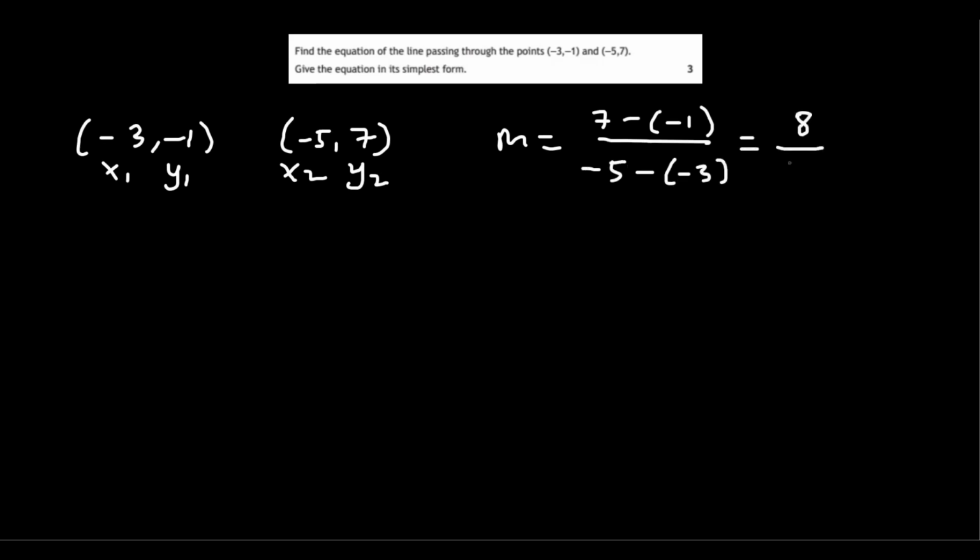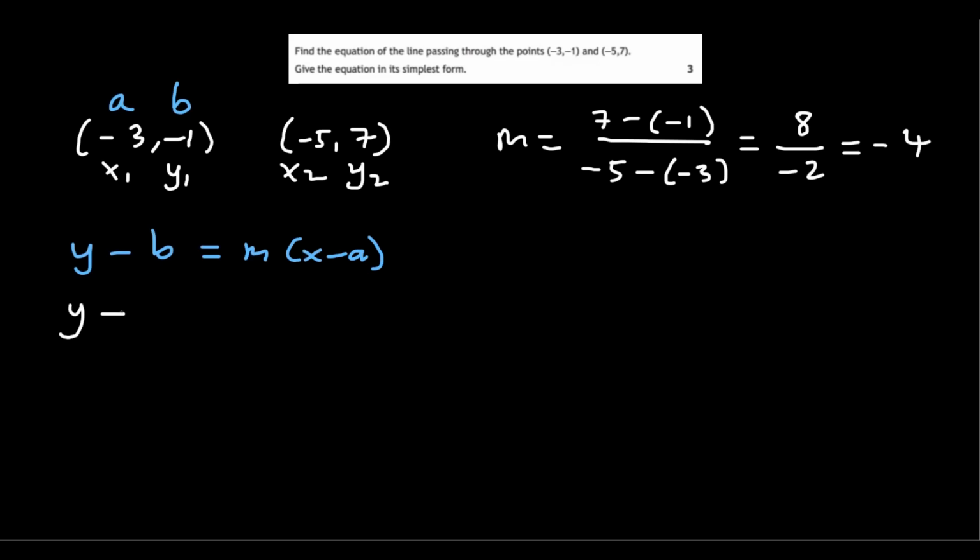So that would be 8 over -2, which is -4. And the point I'm going to use for (a, b) is going to be this point.